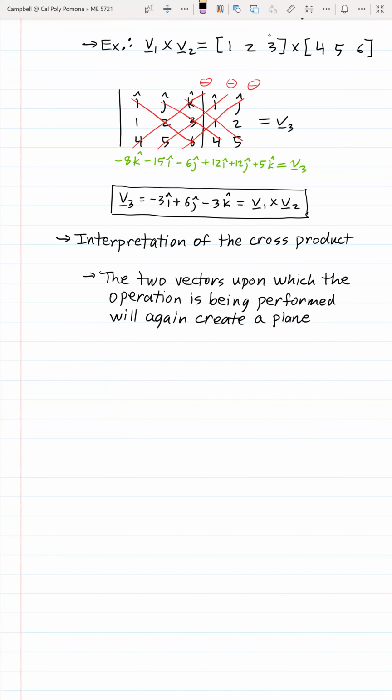That, of course, is no surprise. It turns out, though, that the vector resulting from the operation will, and here we'll have a colon because we'll have several things going on here.